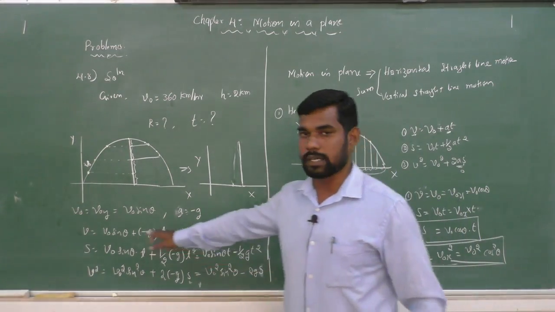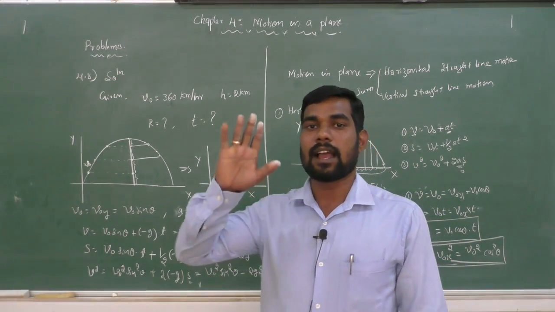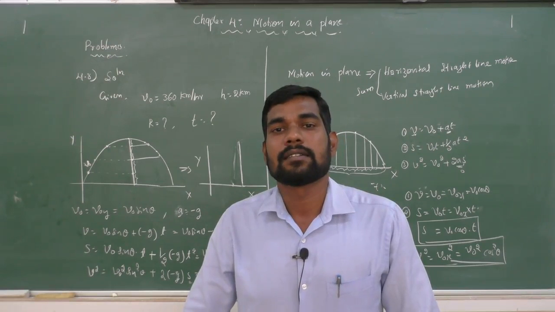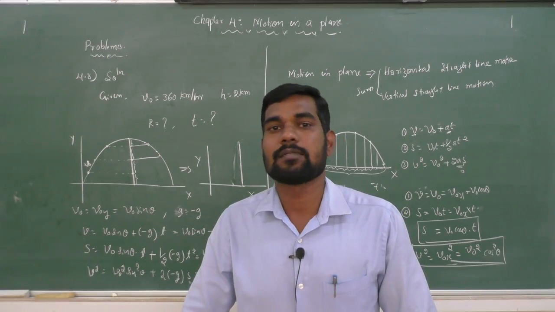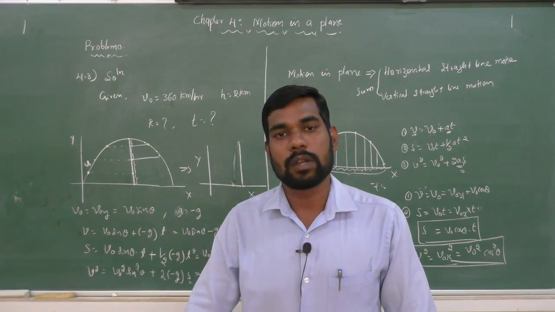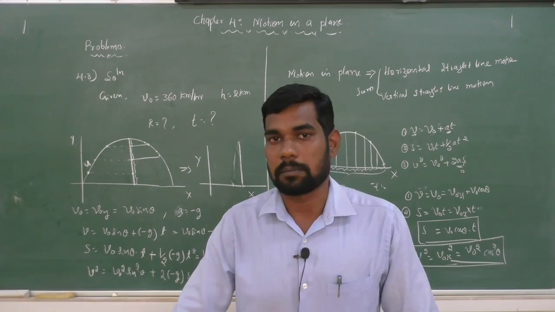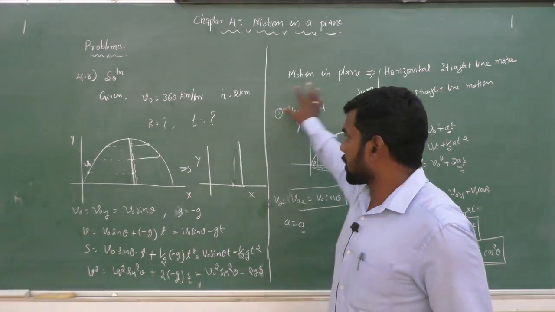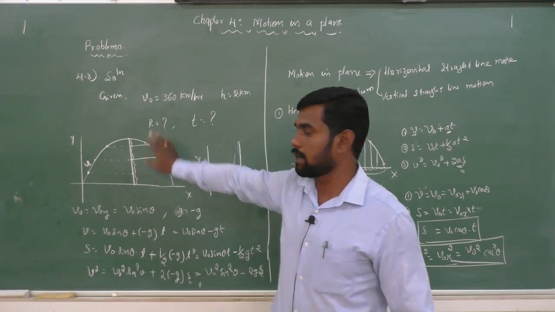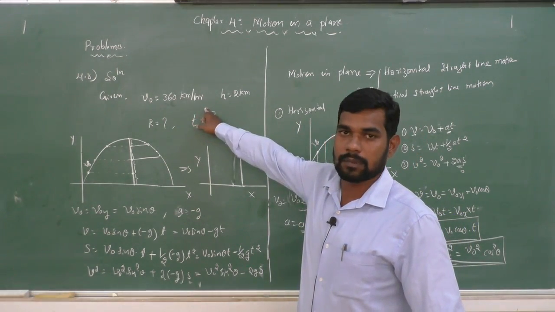If it is moving in the vertical direction, these are the equations of motion. Any object moving in a plane can be assumed to be the sum of two straight line motions, one horizontal and another vertical. The same concept we are going to use in our problem.